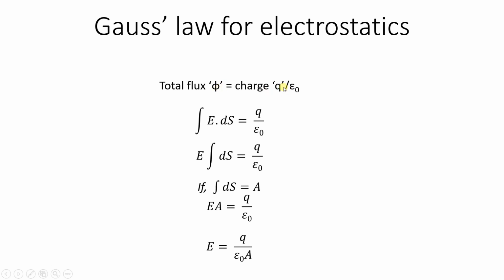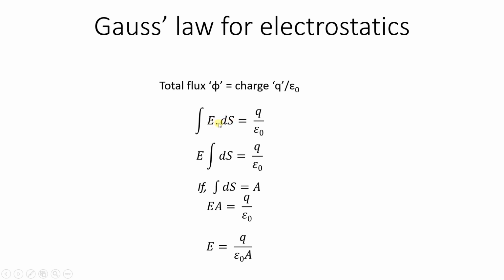Flux phi is Q divided by epsilon naught. What do you understand as flux? It's nothing but the total amount of electric field moving in the material. If I find the integral of the electric field over the surface of the material, then I get the total flux phi. So instead of phi, I am now going to write the integral of electric field E dot ds.